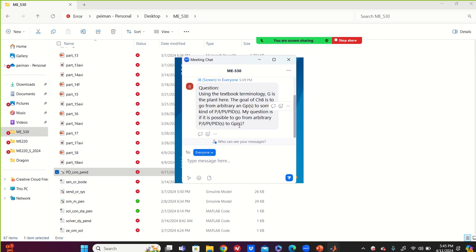What you are asking, if I understand correctly, is whether we design PID to go to a new plant. No. We have the plant in hand, like a pendulum with some open loop transfer function. Now we are designing, it is very good that you asked.